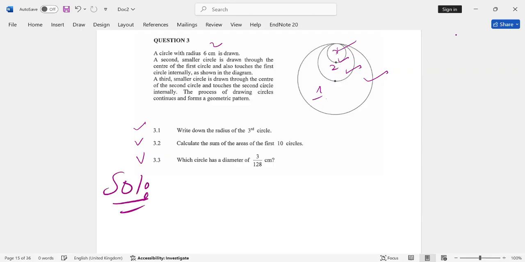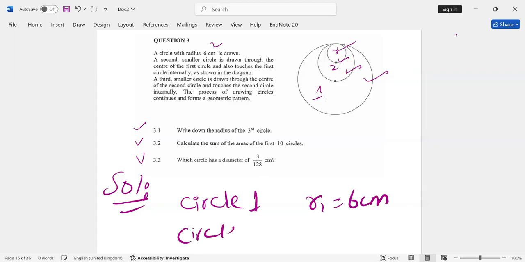Okay, before solving 3.1, we have a radius R1 of circle 1, the larger circle. The radius R1 is 6 centimeters. For circle 2, the diameter is R1, which is 6 centimeters.